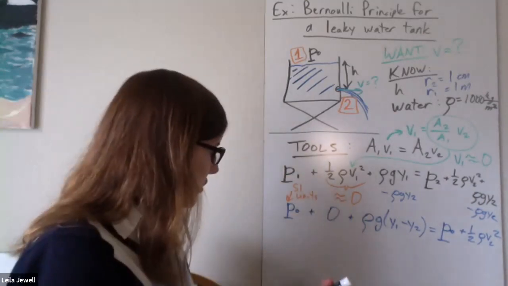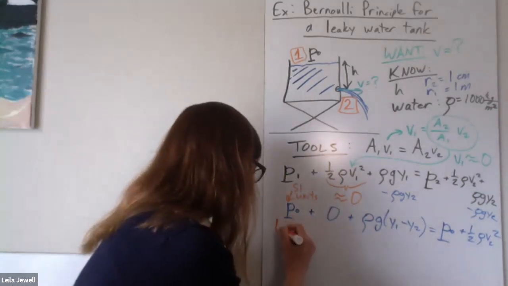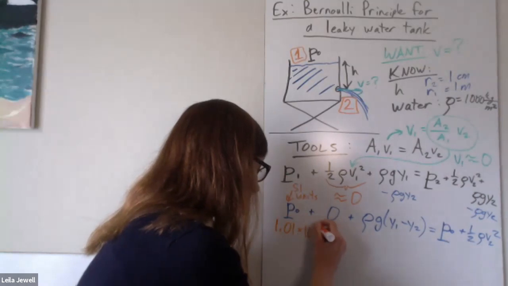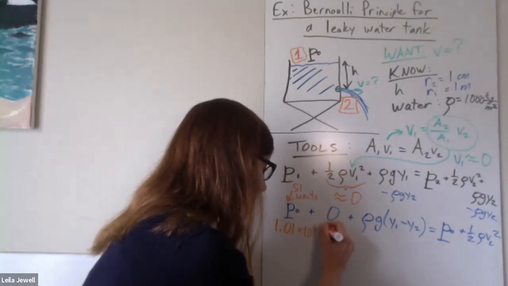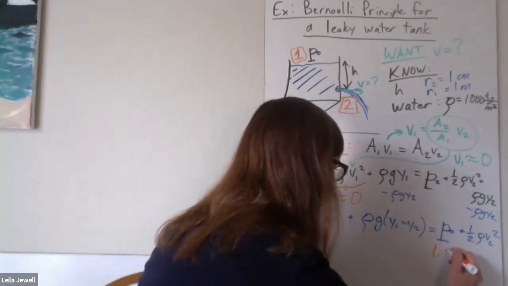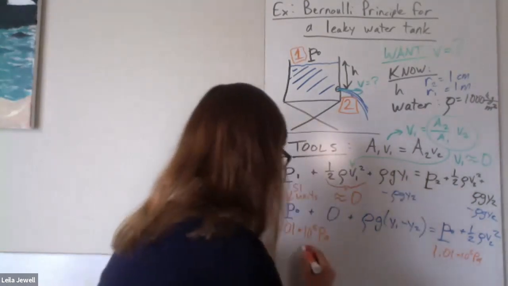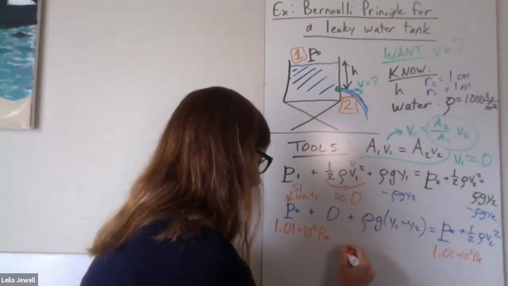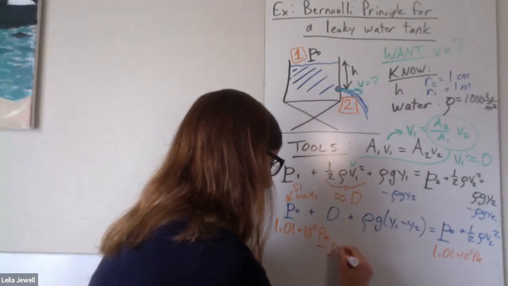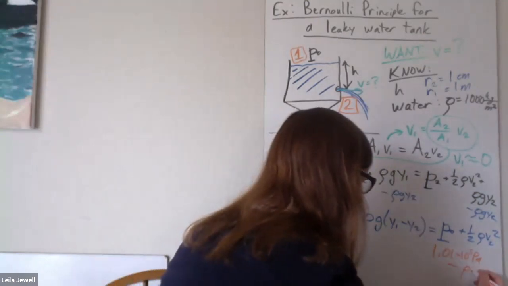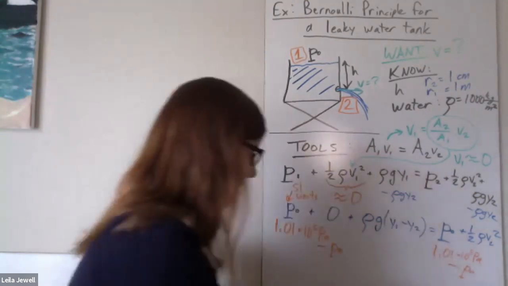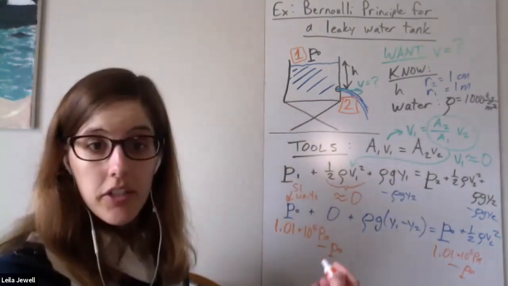So I could even demonstrate that here, that it's 1.01 times 10 to the 5th pascals. It's only because we have 1.01 times 10 to the 5th pascals over here that we can subtract that away. And so then the pressures cancel out.